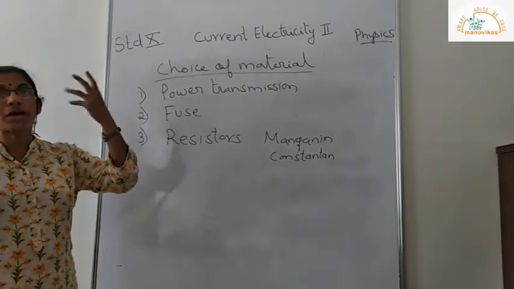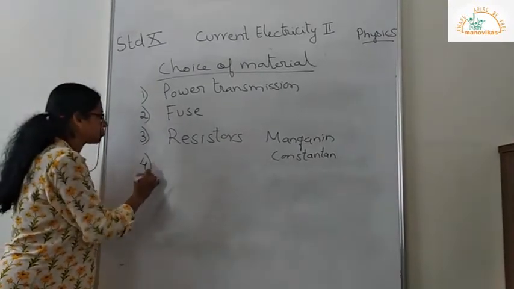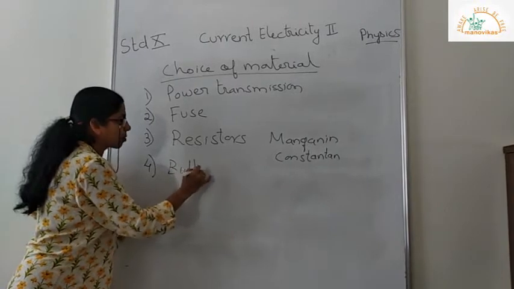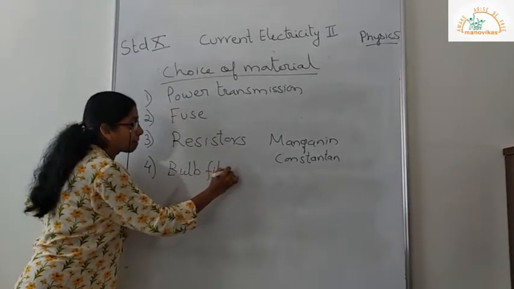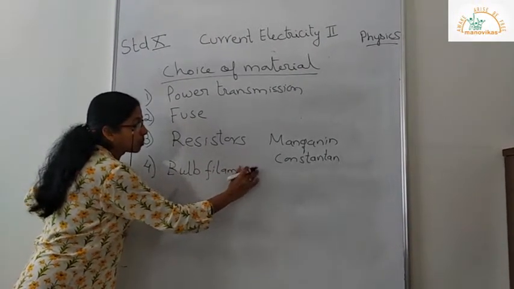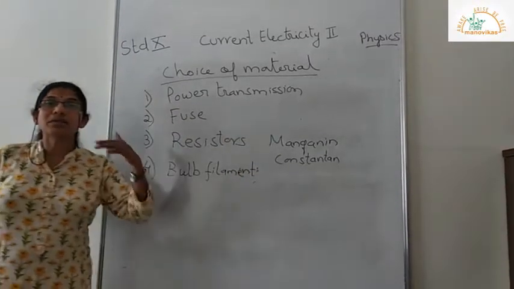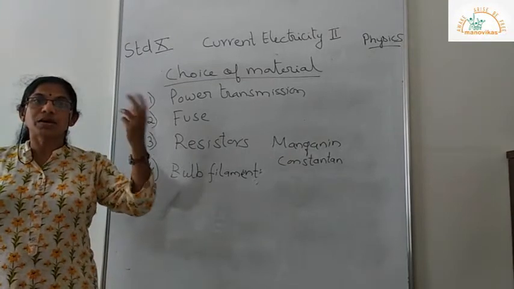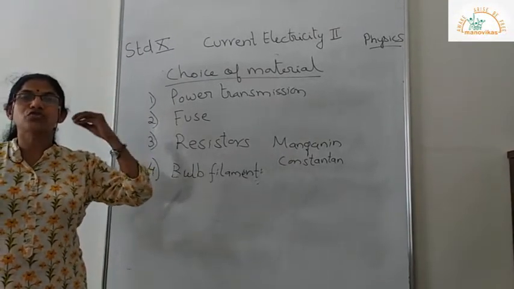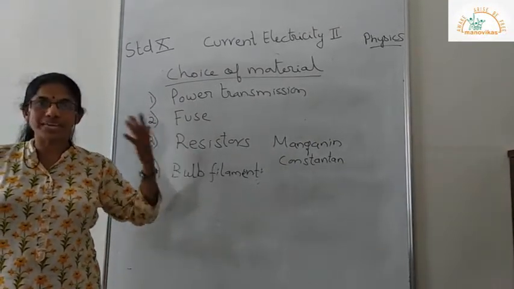Now, suppose it is the bulb filament. The bulb will glow at a high temperature, so it should have a very high melting point.